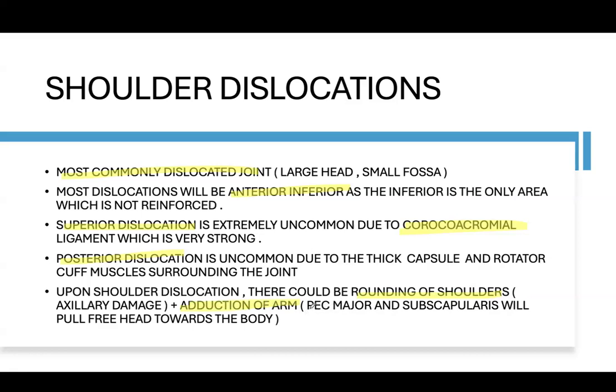The reason for this is that now the humeral head is free, no longer connected to the capsule, so the pec major and the subscapularis muscle will pull on it, causing it to become adducted towards the body because it's no longer supported by the other muscles, such as the rotator cuff muscles. It's free on its own. The pec major is going to pull it towards itself.